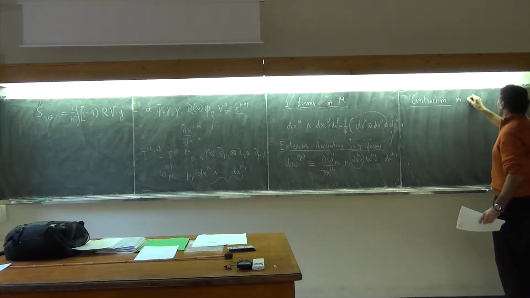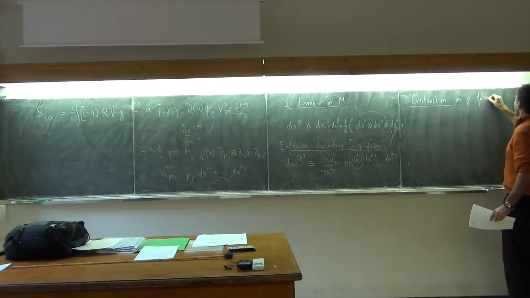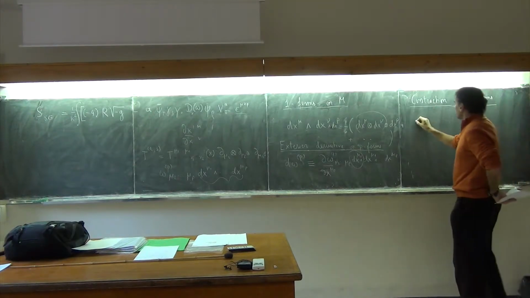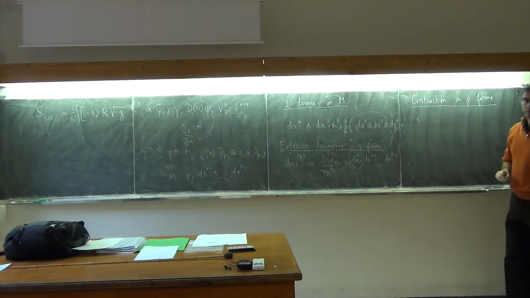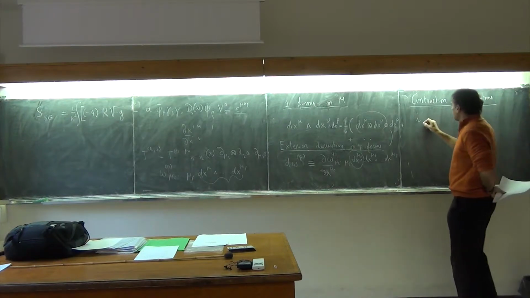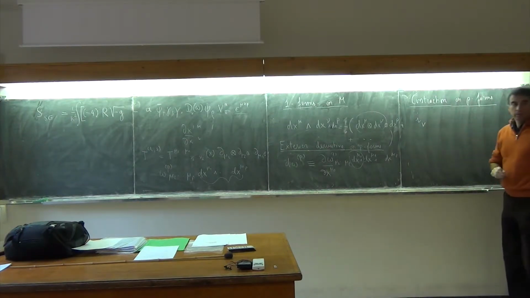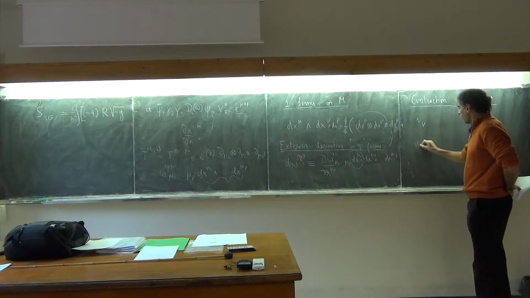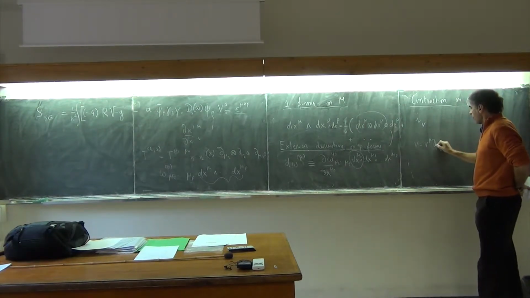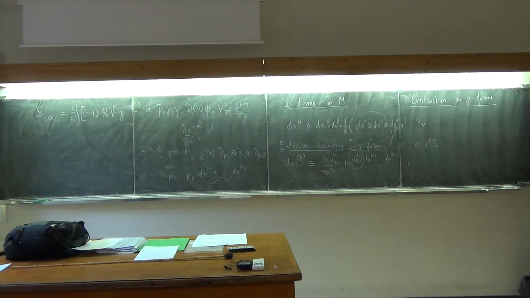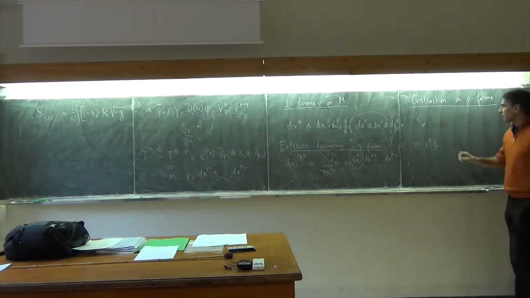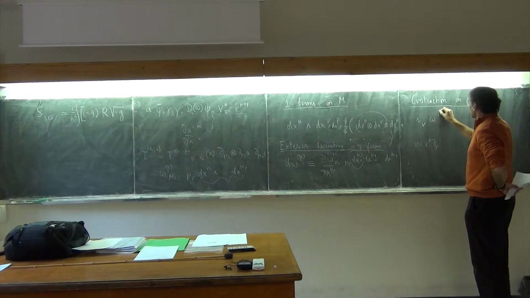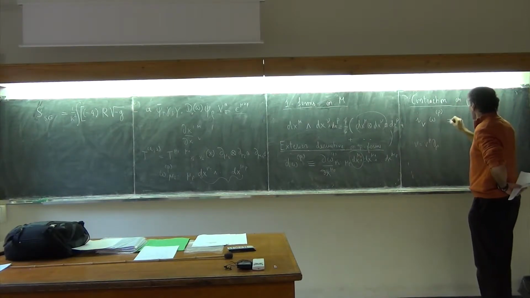Contraction on p forms is defined in this way. It is defined with the symbol i, and along a vector V. This vector is expressible on a coordinate basis like this, and this acts on a p form as follows.